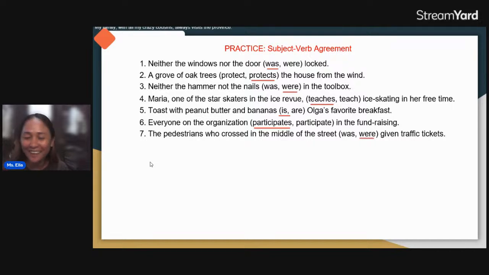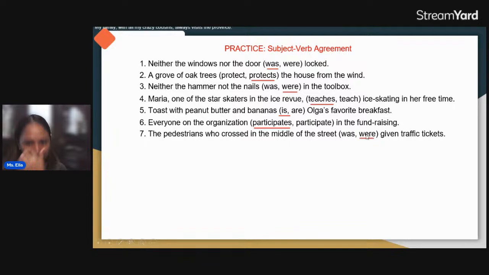Why? Because pedestrians are people who cross the street, and pedestrians are considered a plural subject. That means we must take a plural verb, were.